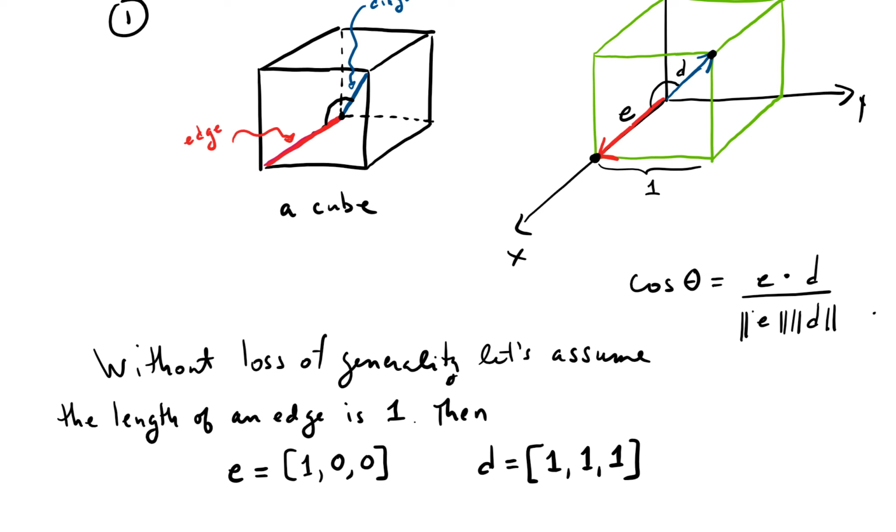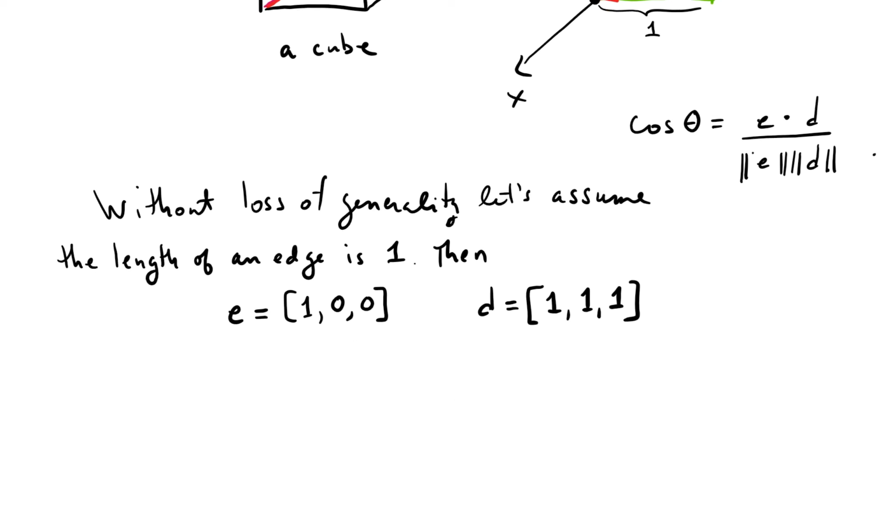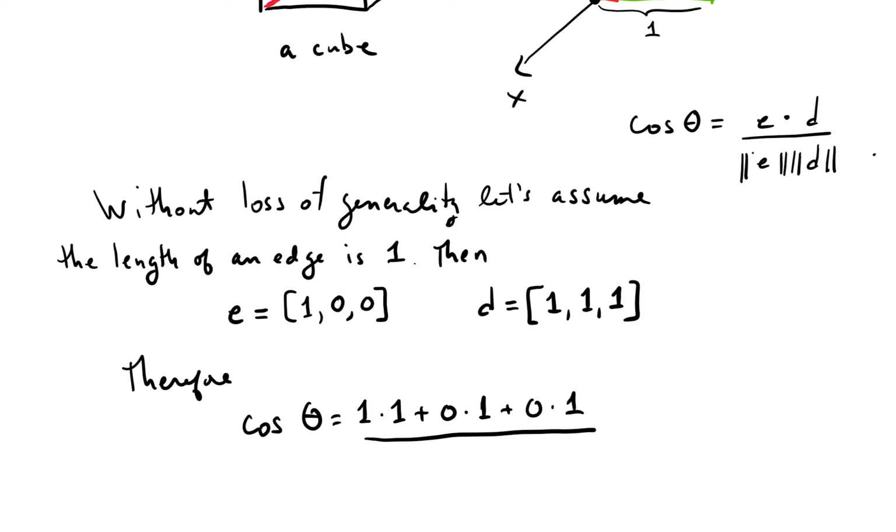Okay, so after that, all we need to do is, therefore, cos of theta is going to be E dot D. Well, that's just 1 times 1 plus 0 times 1 plus 0 times 1. That's going to be 1, of course, divided by the norm of E. Now, we could do this computation on the side.